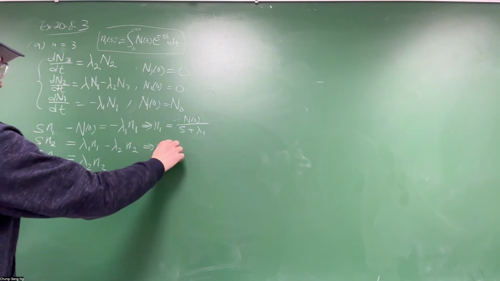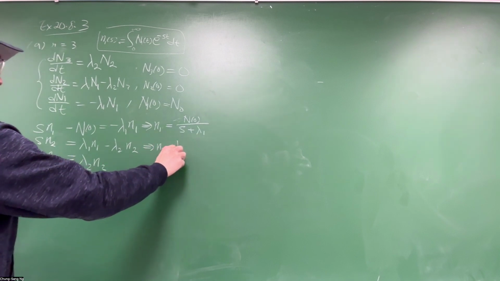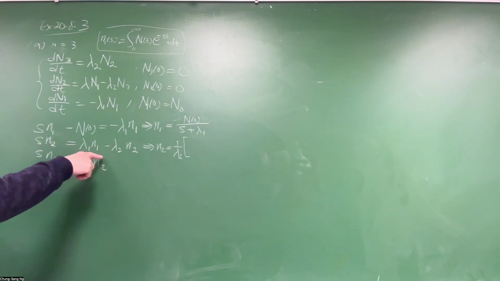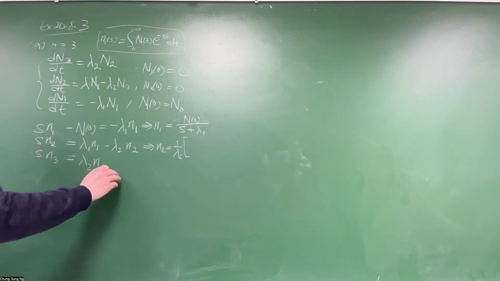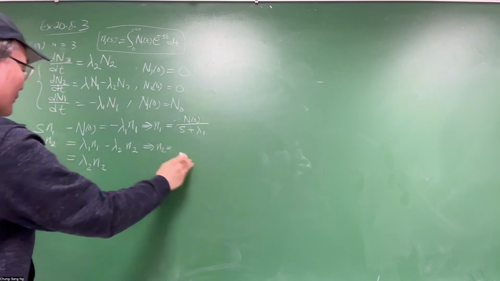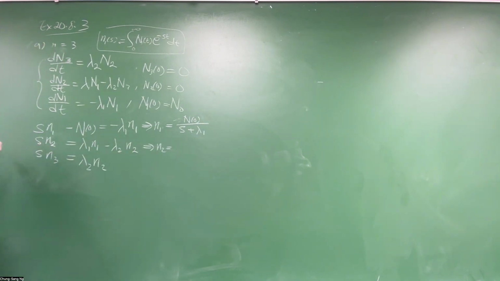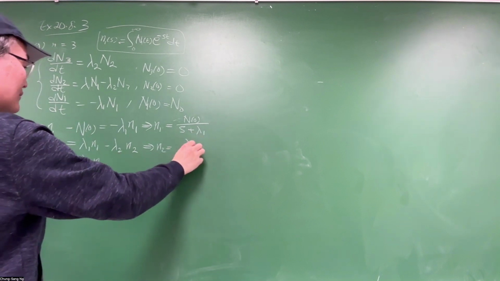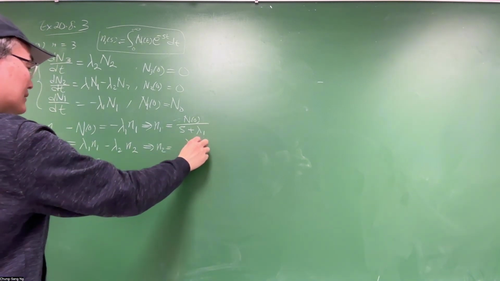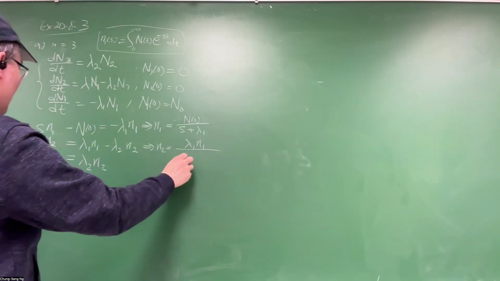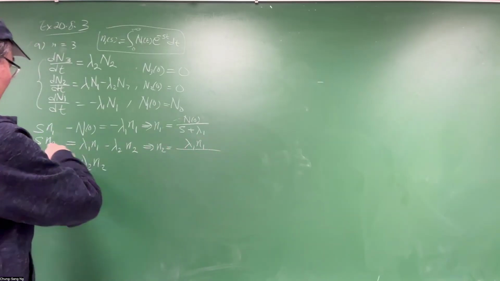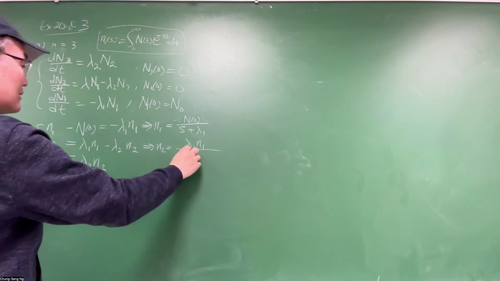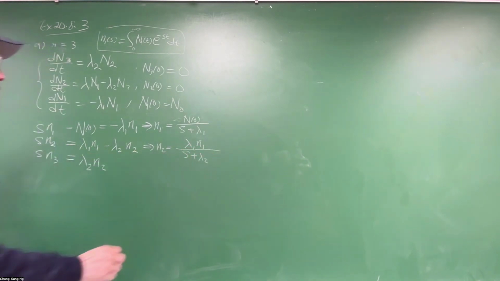N sub 2 is 1 over lambda 2, right? Oh, no. You have another answer. Okay, it's actually lambda 1 and 1 divided by S plus lambda 2, right?